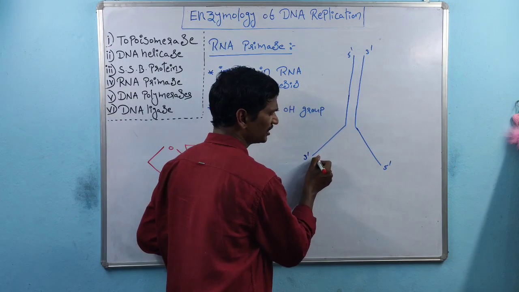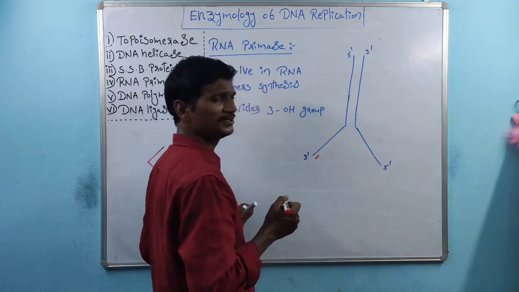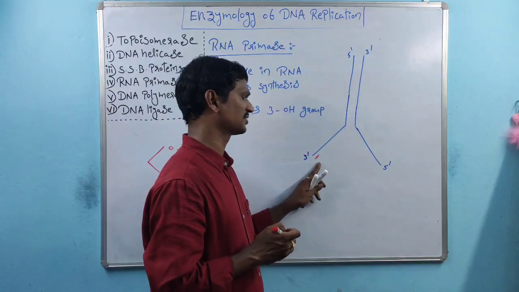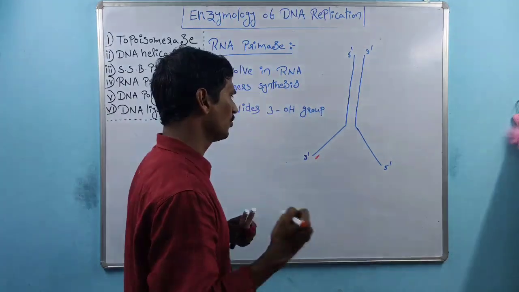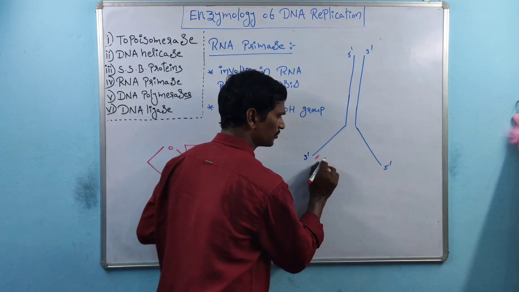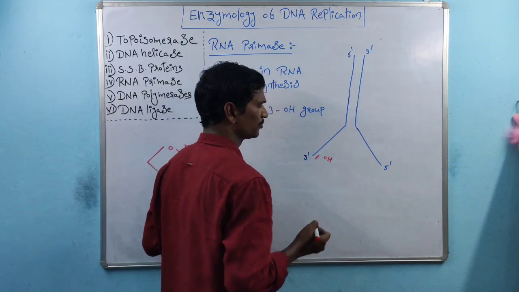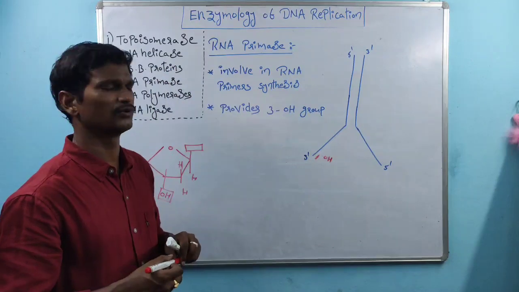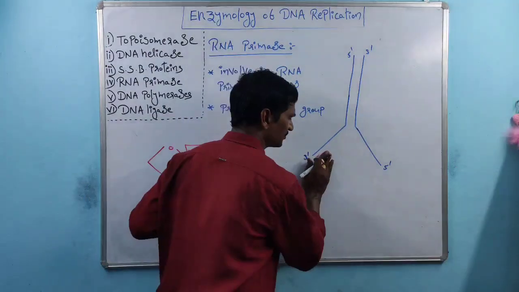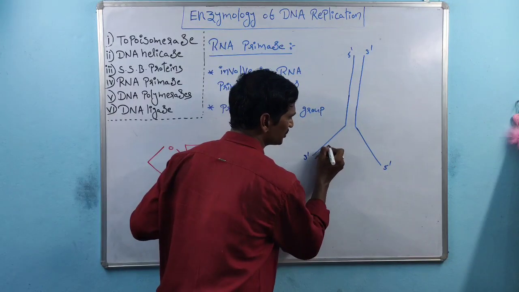This is one of the RNA primers. RNA primers are synthesized. What is the use of RNA primer here? It provides the hydroxyl group. Once the hydroxyl group is available, the new strand is synthesized.